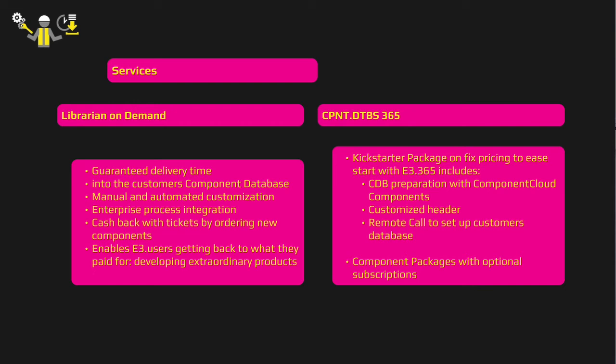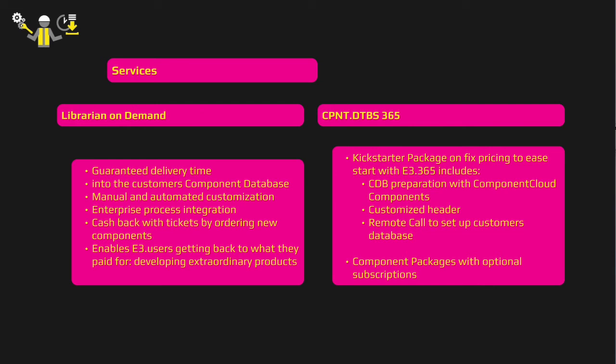As soon as the component database is set up, we are delivering it directly to the customers and installing it within a short web meeting to ease the E3.series user startup with the database. So this is special for E365 customers.